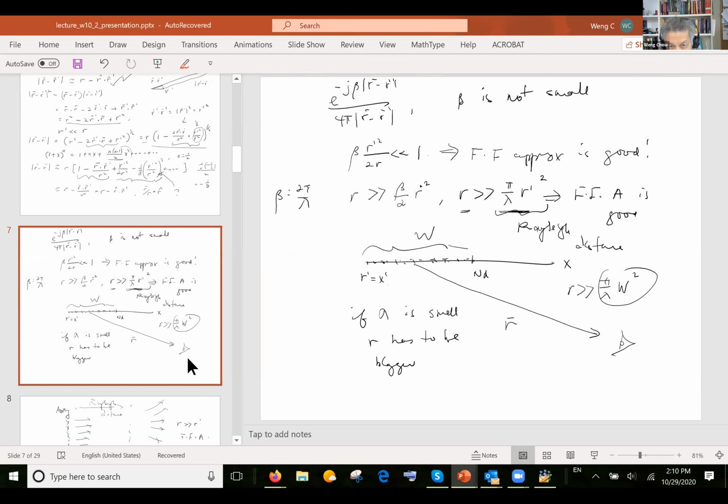The size of the array is determined by N times d, for instance. If the spacing between the antennas is d, and you have N of these antennas, the size of the array is N times d. Does this make sense?